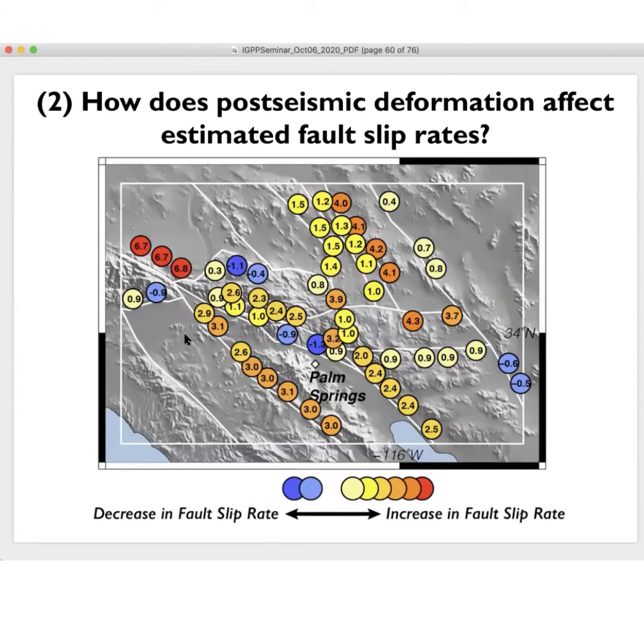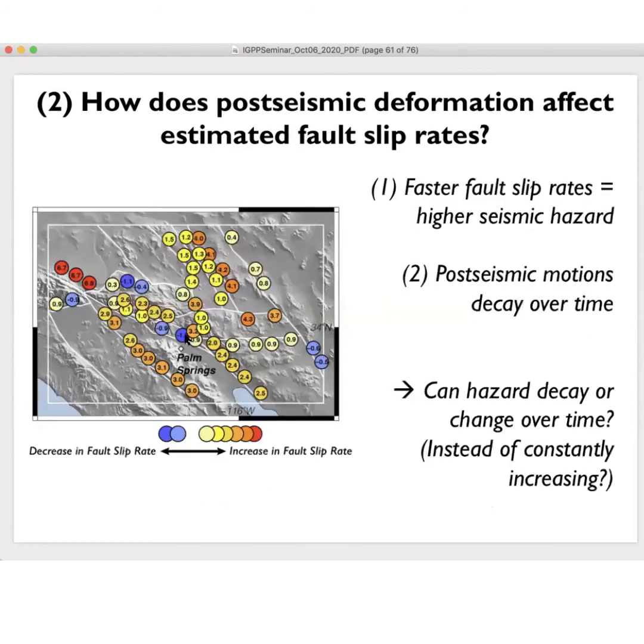And this brings me to what could be described as pushing the envelope a little bit. I might sound a little crazy when I explain what I'm thinking here, but generally when we talk about seismic hazard assessments, we think faster fault slip rates generally mean a higher seismic hazard. So the fault is moving faster, it's generating more earthquakes, higher hazard. If post-seismic motions are somehow able to increase the amount of strain being accumulated along these faults, could they be increasing seismic hazard?